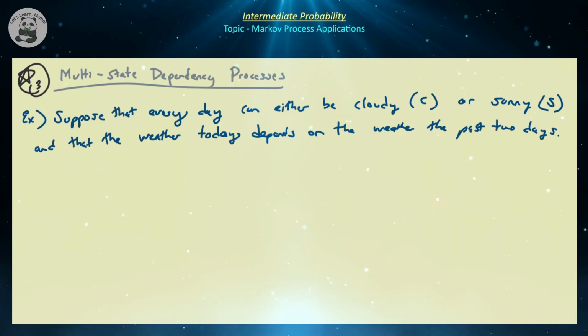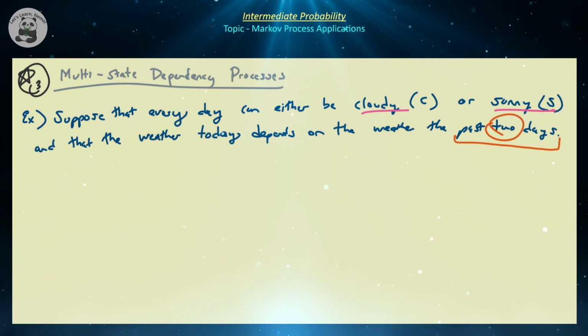Now, the next type of application that I want to investigate sometimes is referred to as a multi-state dependency process. And what exactly is a multi-state dependency process? Suppose, as an example, that every day can either be cloudy or sunny, and that the weather today depends on the weather the past 2 days. The past 2 days. Emphasis on the word 2.